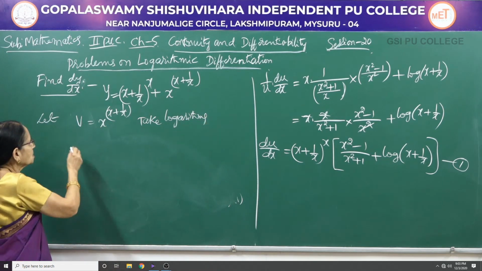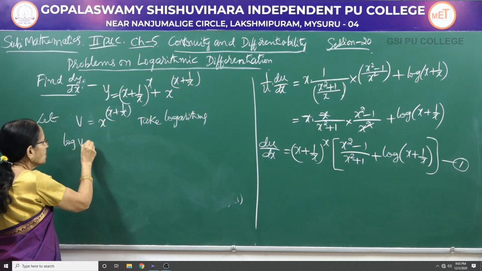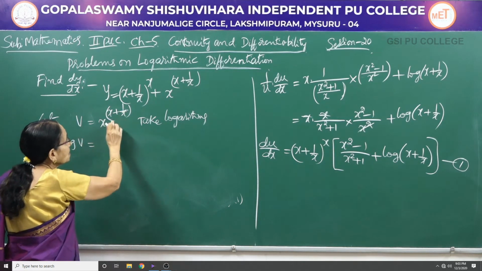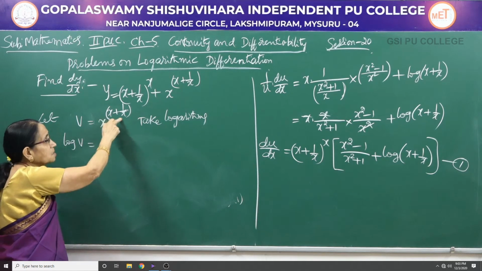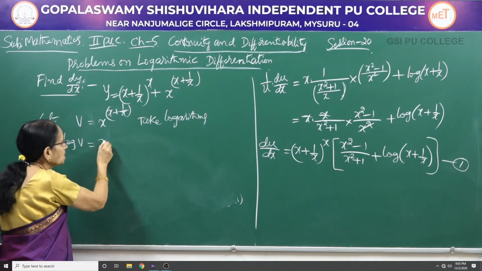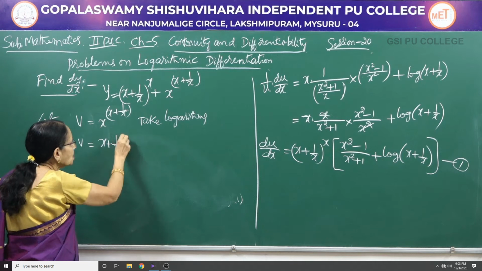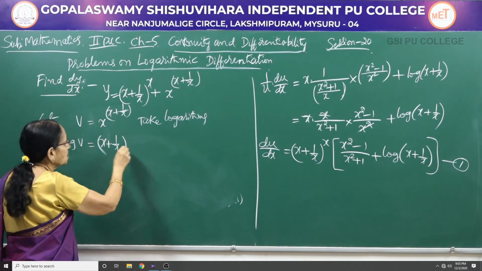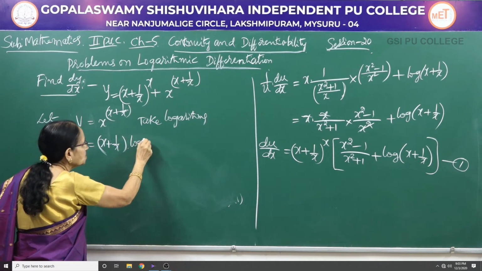Take logarithms, that is log of v on the left hand side would be equal to, look here, x is the base, this is the index. So, the whole of the index becomes the coefficient, isn't it? So, it is x plus 1 by x into log of the base.